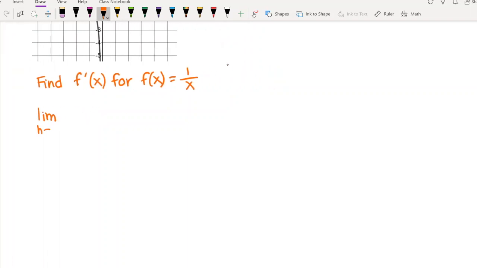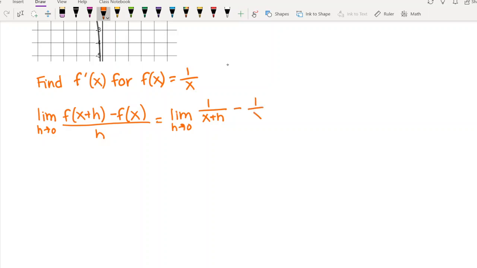So we're going to do the limit as h approaches 0 of f of x plus h minus f of x, all divided by h. So that is going to be, in this case, the limit as h approaches 0 of 1 over x plus h. So we're plugging in x plus h into our function. And then we have minus 1 over x.